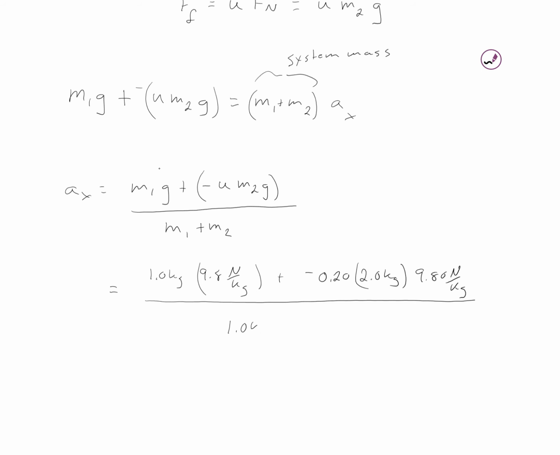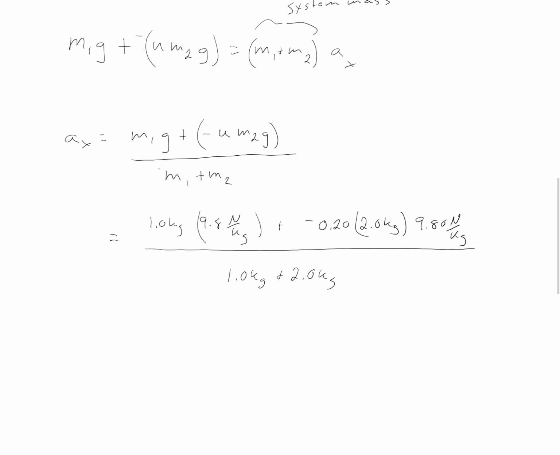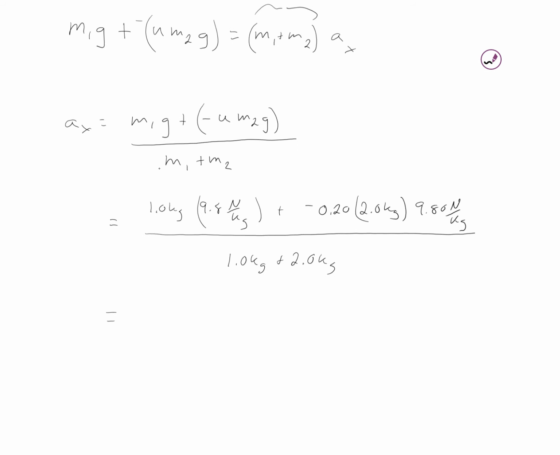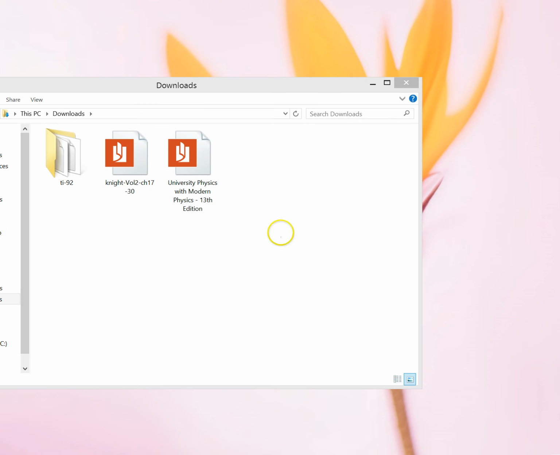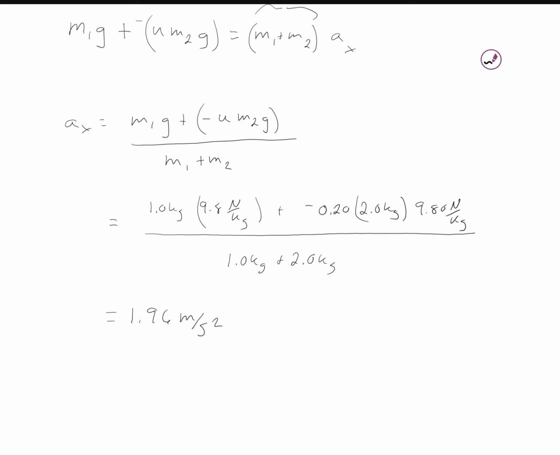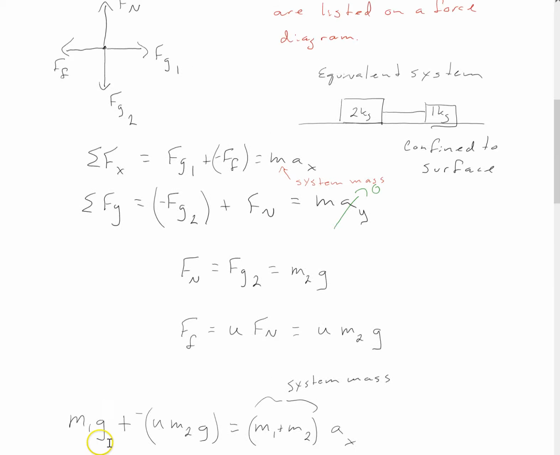And then 1 kilogram plus 2 kilograms. And we can put that into our calculator, and we'll get our number. Let's see, I gotta find my calculator, so I'm gonna pause. Alright, got that put in my calculator, and that gives me an acceleration of 1.96 meters per second squared.